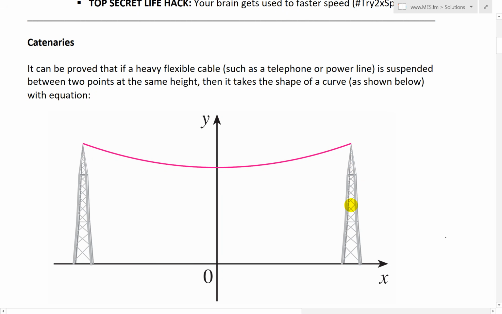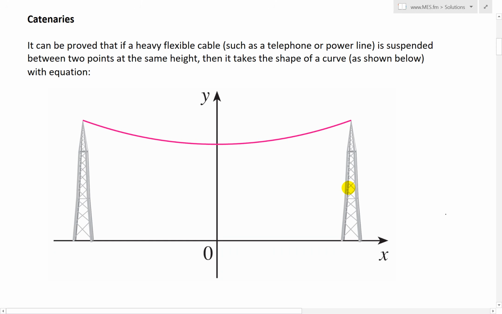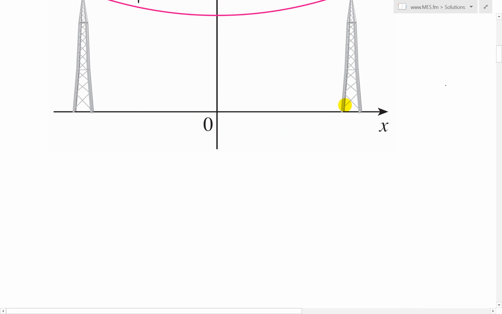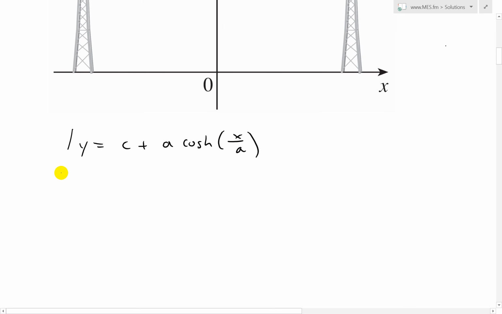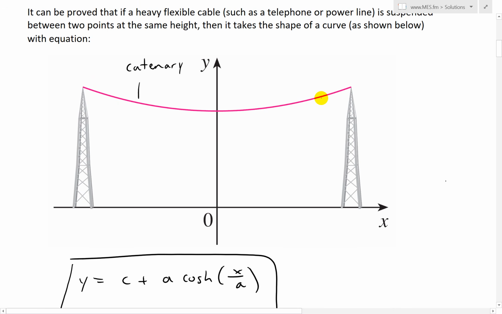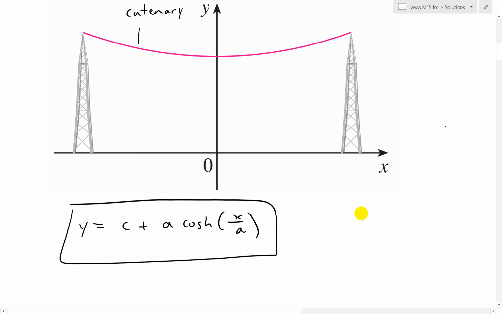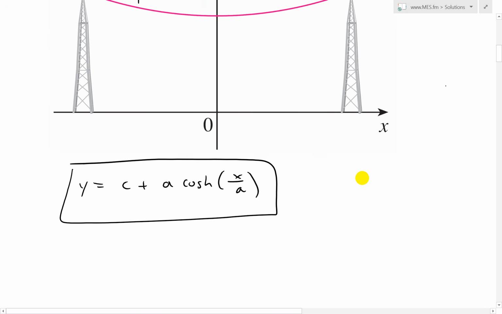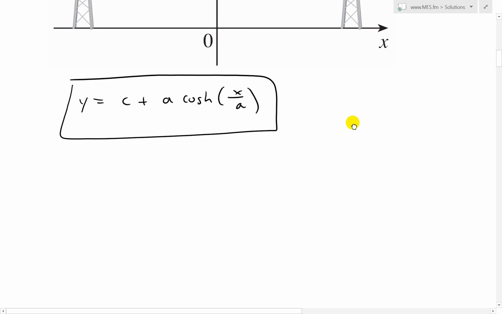It can be proven, which I will do in this video, that this curve is called a catenary, and this function has the formula y equals c plus a hyperbolic cosine of x over a. This describes the shape when you have a heavy cable, or just a cable with mass, that sags like this, and that's the equation it will have.